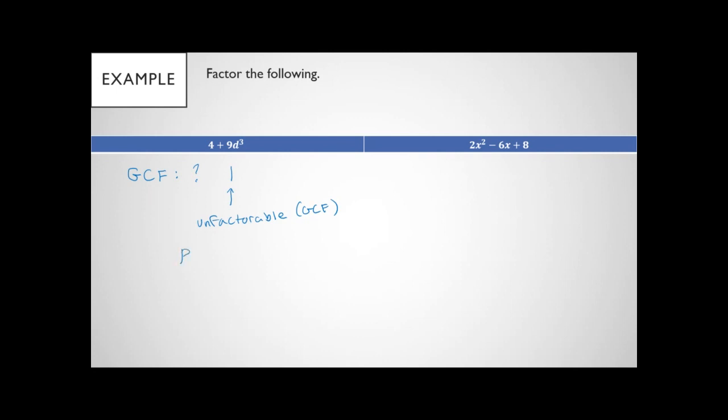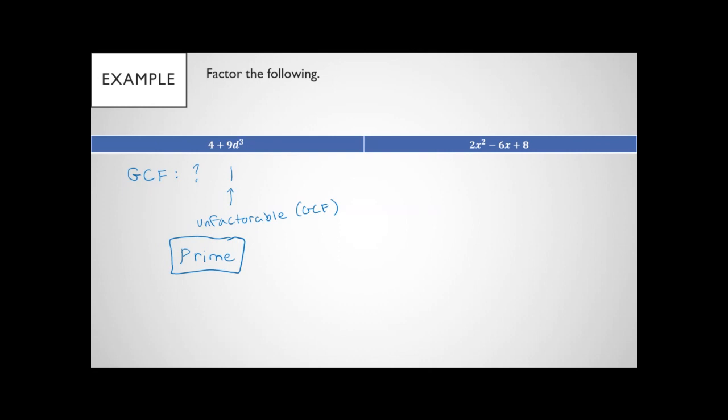And so your answer, you call this prime. Because prime numbers mean you can't split them up. You can't divide anything into them. Because we didn't find anything that we can divide into these pieces, they're prime. So if you get something and there's no GCF, it's prime.